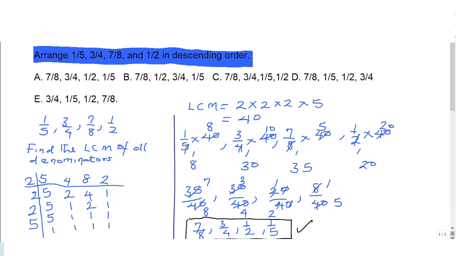The procedure: we look for the LCM, and the LCM is 2 times 2 times 2 times 5. This is the LCM, 40, and we take the proportion of each fraction from 40. Right, let me work it through so you can understand better.